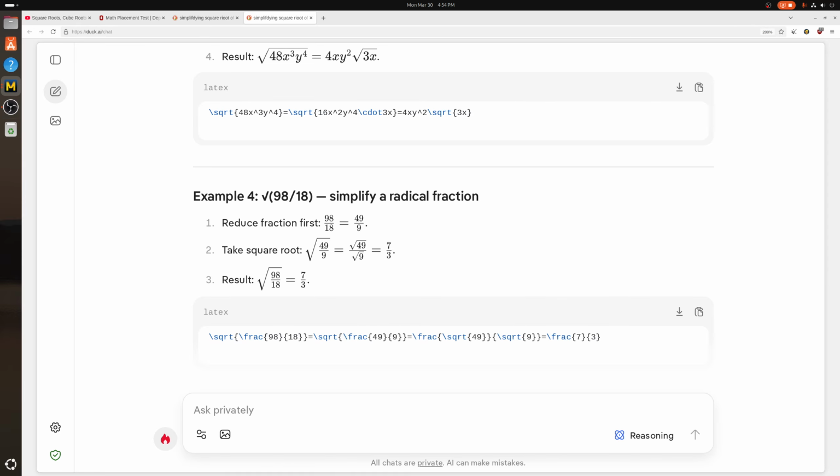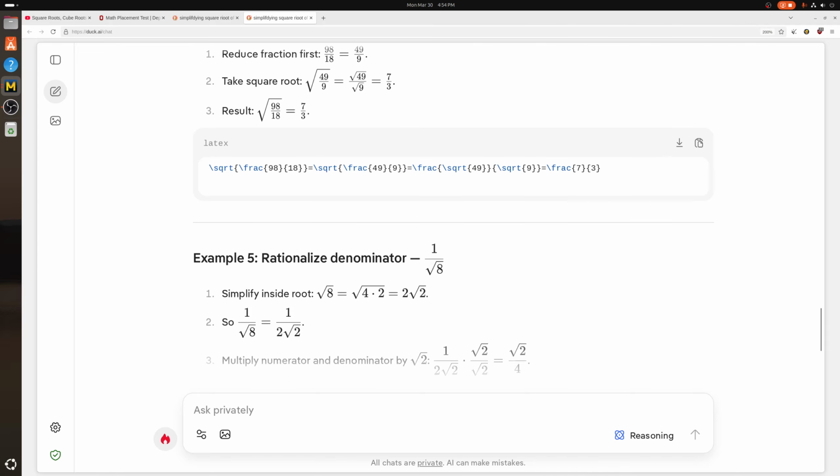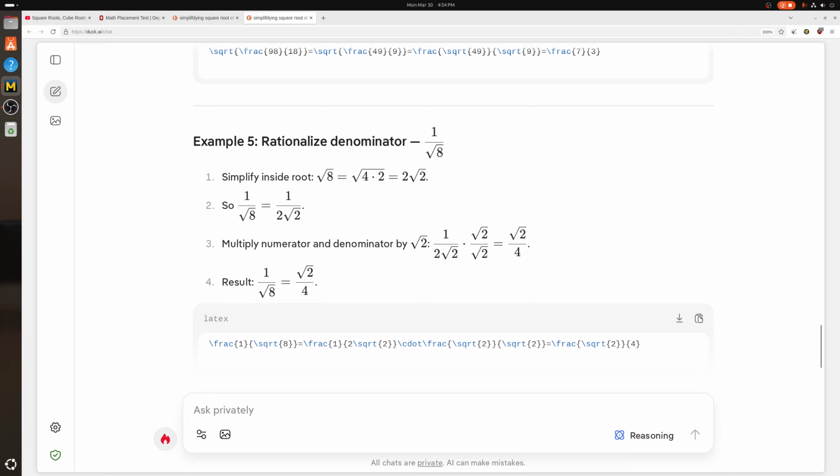Take the square root of both. Where did the 98? Okay, 98 is that. Because 49. Square root of 49 is 7. Okay, this all looks very easy. I don't know why I'm even reviewing this.